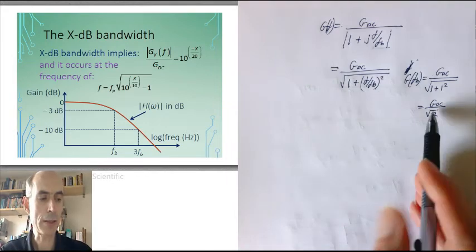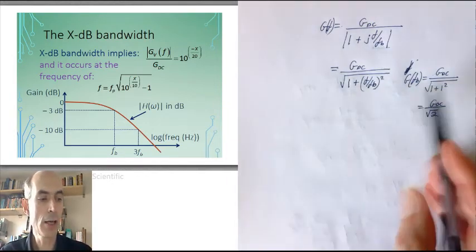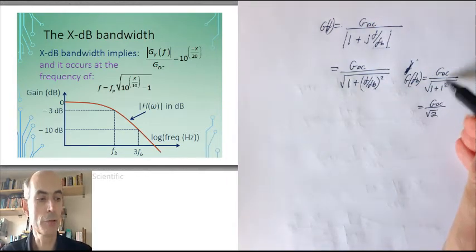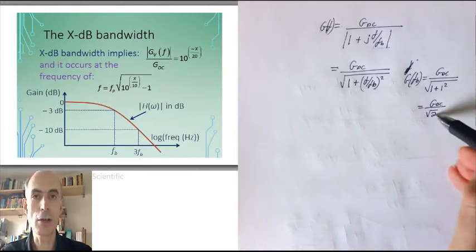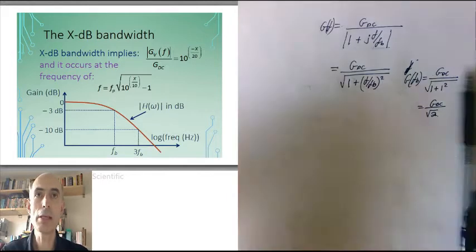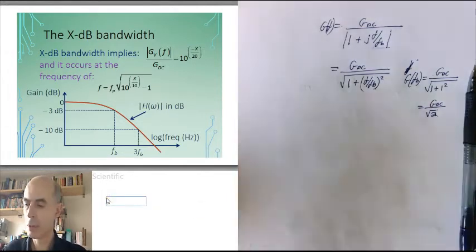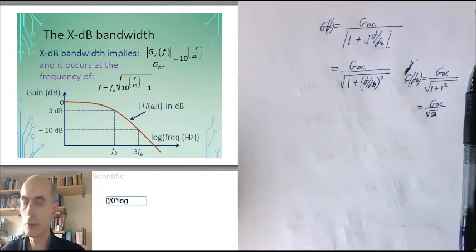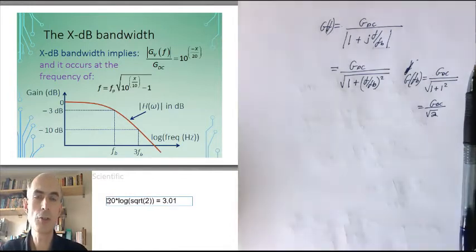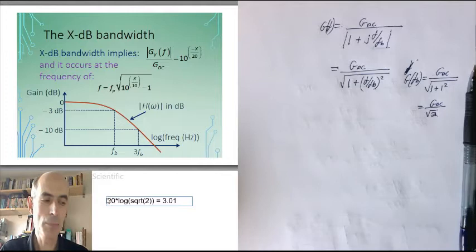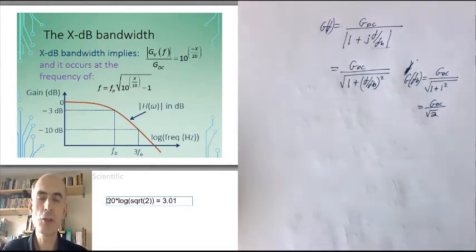So strictly speaking, FB is the frequency at which the gain has dropped from GDC to GDC over root 2. And expressing that in terms of dB gives 20 times the log of the square root of 2, which is not exactly 3, but it's so close that we tend not to worry about the difference.